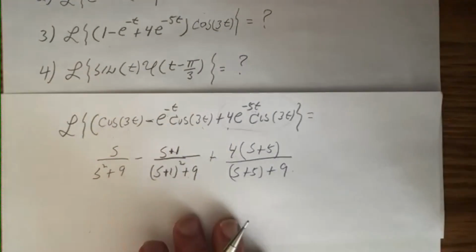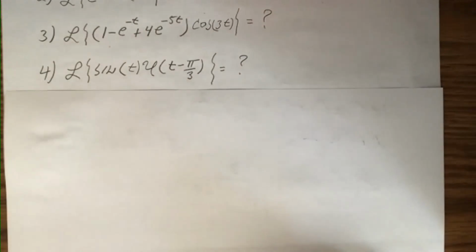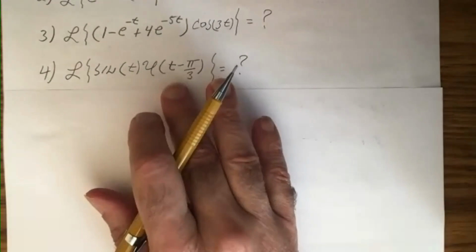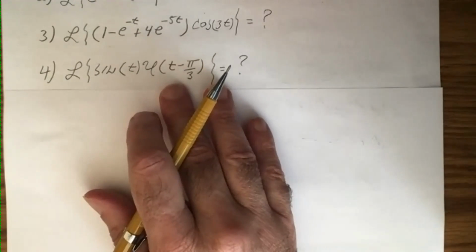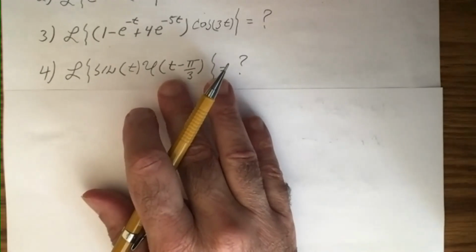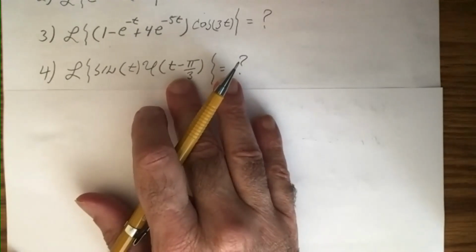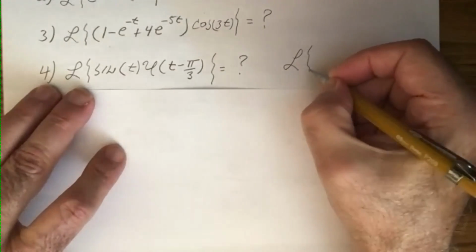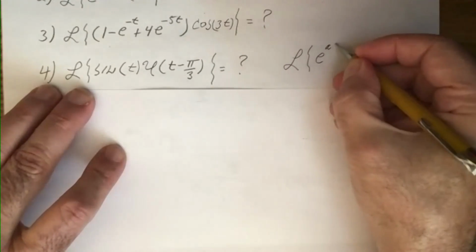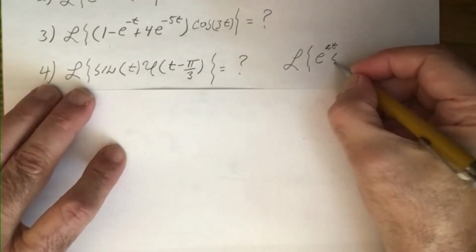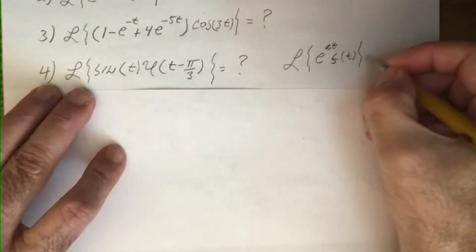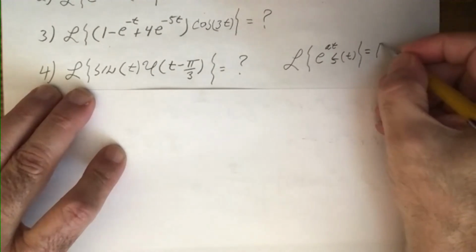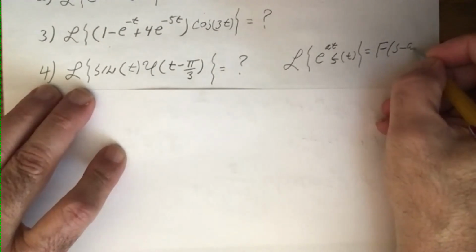Now, this one here is a little different. We have the unit step function here, okay? And remember, the other theorem that we have to use for the unit step function is e to the at times f of t, which gives f of s minus a.